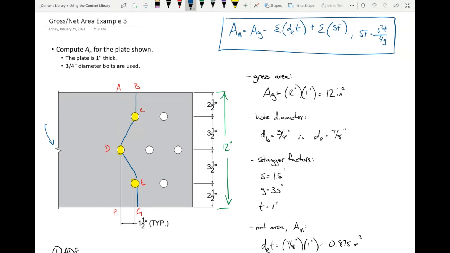So help me out. We've got the gross area. Tell me what to do. How many bolt holes do I subtract? 3. Now, what about stagger factors? What do I do? Somebody help me out.